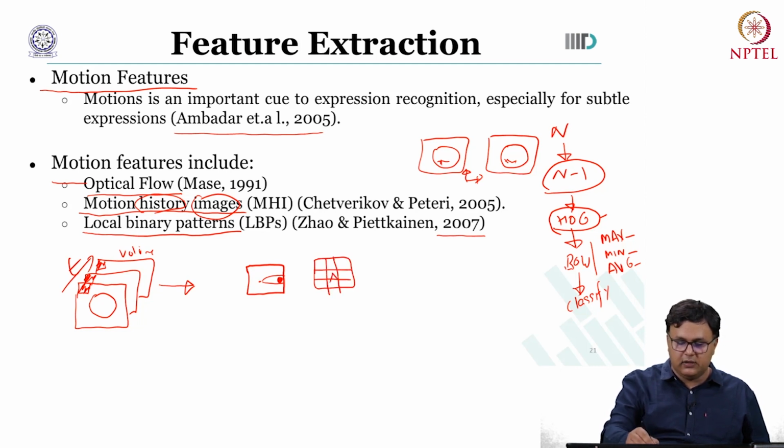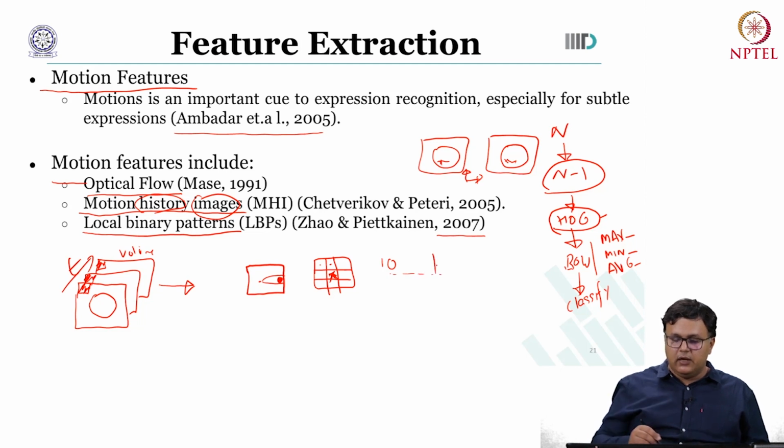So this is the pixel, this is the tip of the eye. You'll compare this with the neighboring intensities. Now let's say the intensity here is larger than my neighbor, then I would say this is a 1. Now I compare the intensity of this pixel with this one. If this was, let's say, less, I will say it's a 0. So if it's larger, it's a 1. If it's smaller than the neighbor, it's a 0. This way I will get an 8-bit code.